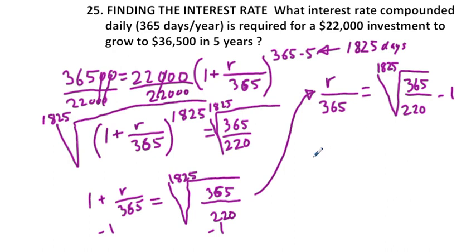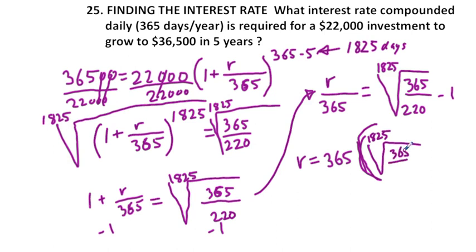And finally, r is going to be equal to, we cross multiply this 365, so we got 365 times, I'll put the whole thing in parentheses here, the 1,825th root of 365 over 220 minus 1.